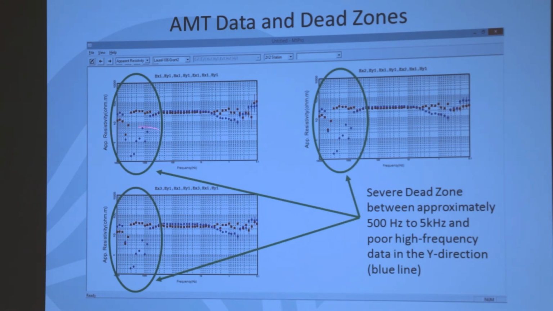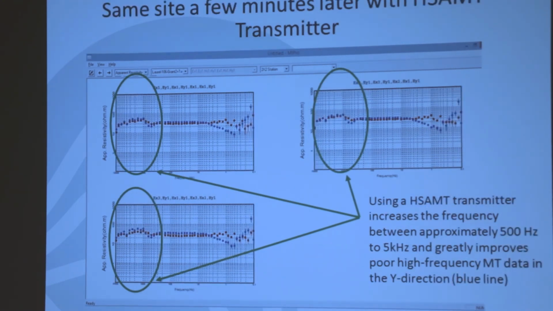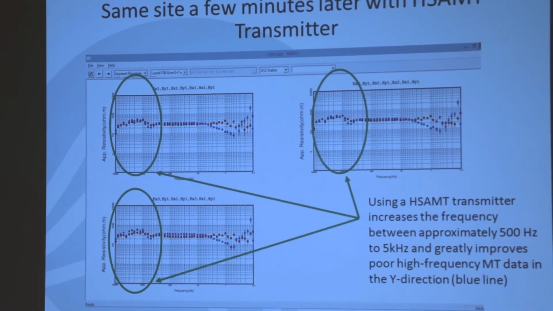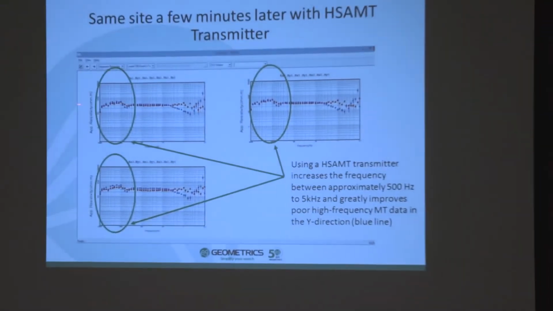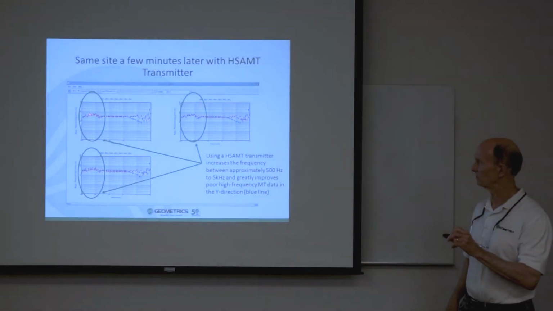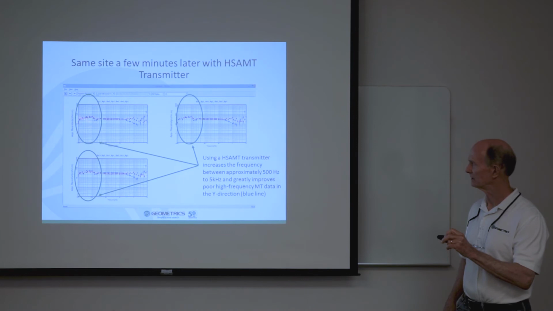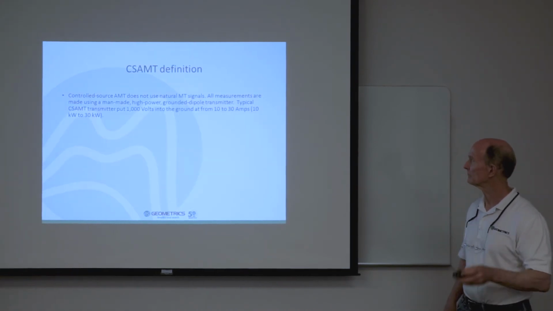But in the perpendicular direction to the survey, the signal is so weak in that band that it is unusable in all 3 of these soundings that were done at the same time. So what we did is we ran the transmitter for 10 minutes to see if we could improve that signal in that area, and that's what we got. It dramatically improved the Y direction and improved the X direction in that AMT dead zone.